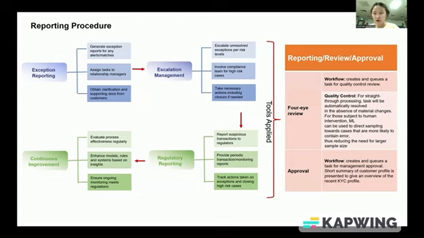In these 4 parts, we have technologies applied here, AI review, and here we use a workflow that is create and cause a task for quality control review and the quality control. In the approval part, we will also use the workflow to create and cause a task for management approval. And that is the ongoing monitoring system.